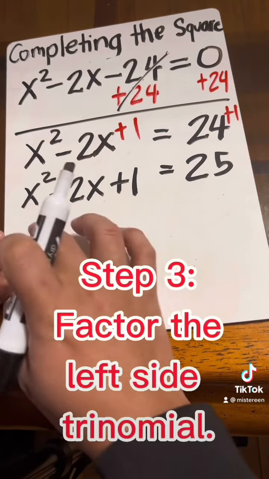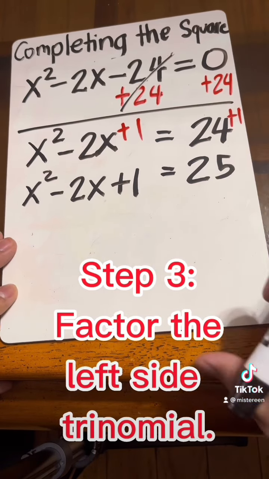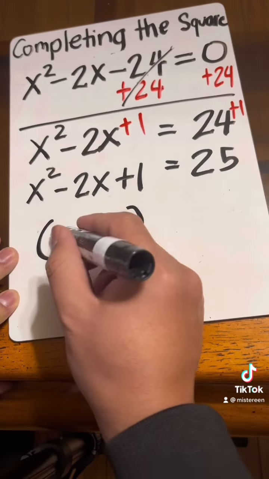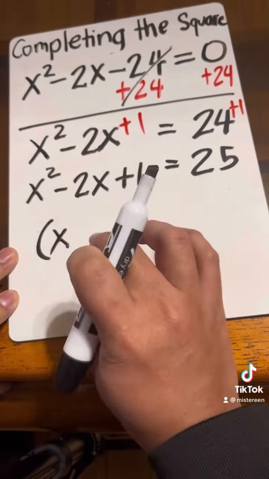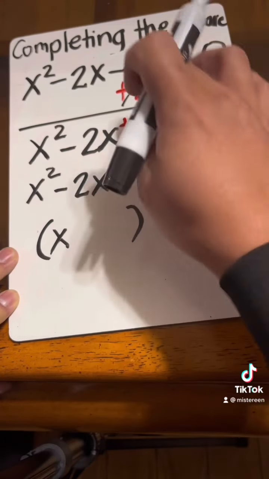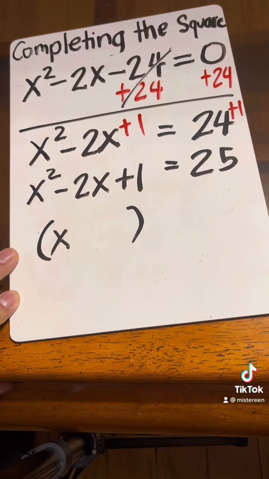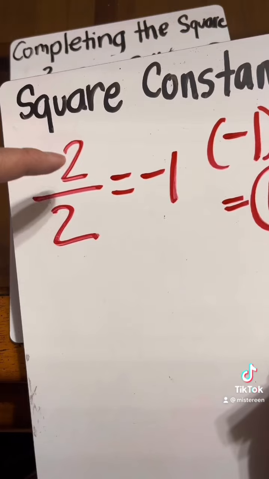The third step is to factor this side. Alright, you're thinking about how to factor it. Well, there's a format for the factored form. All you have to do is put parentheses and then x in front. And then put here the number. That number is the result when you divide your b, which is negative 2, by 2. So if you go back to your square constant, remember this is your b divided by 2.